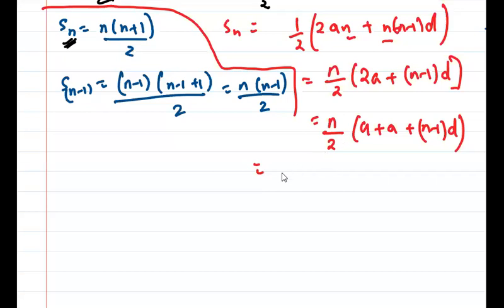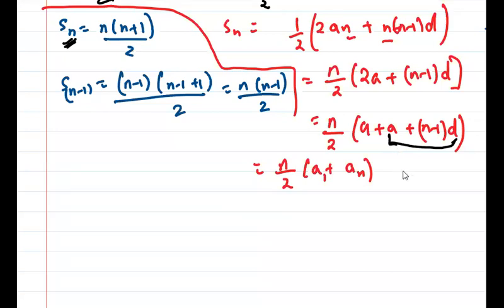But I'm not asking that. I'm asking, do you see a plus a plus n minus 1 into d? Can I write it like this, a1 plus an? A is a1, right? A1 plus an, yes or no? Because if you see this, what is this term under this?